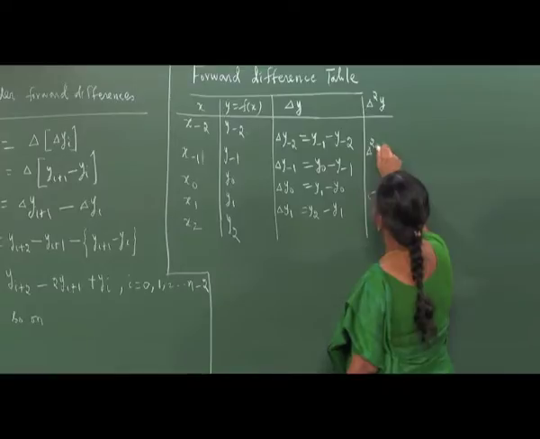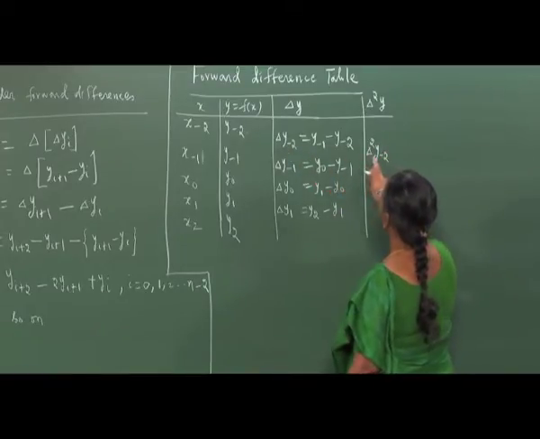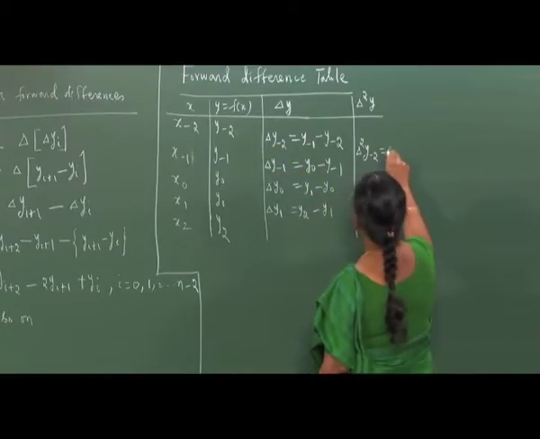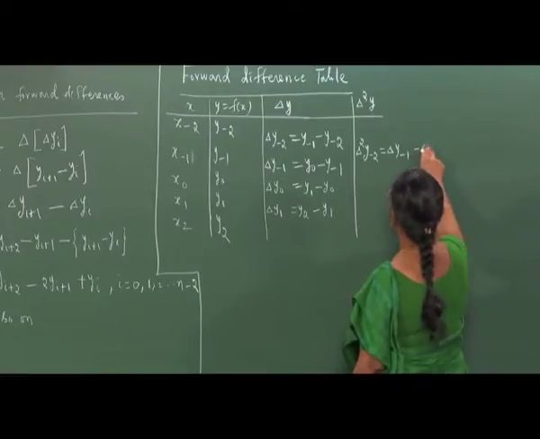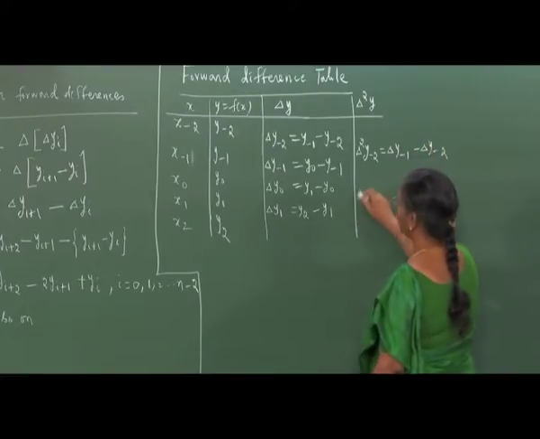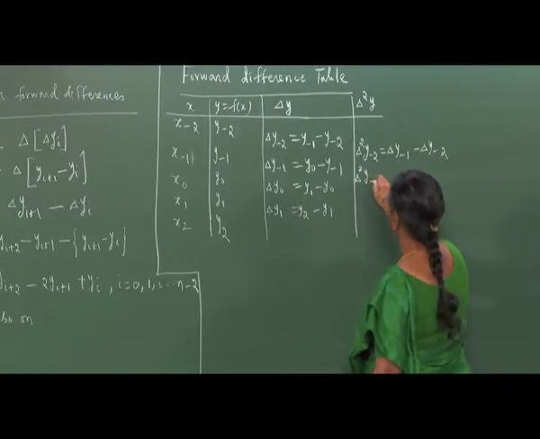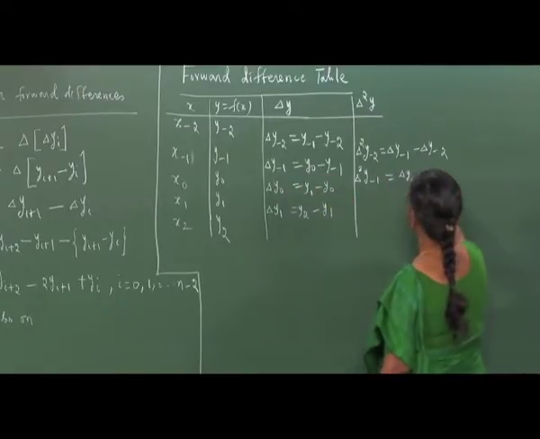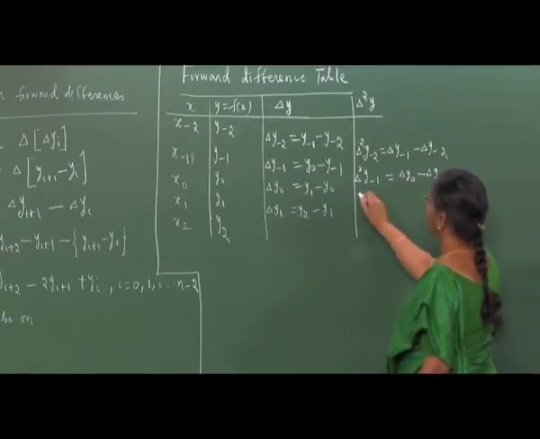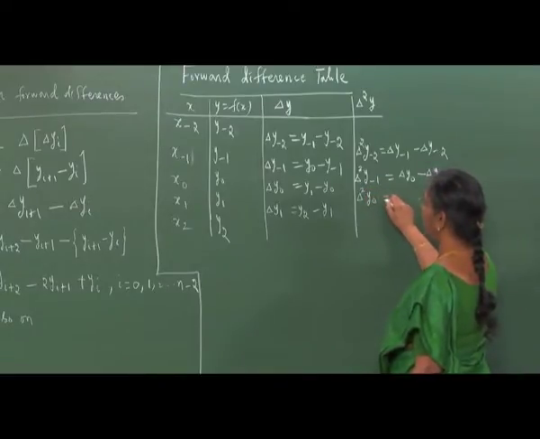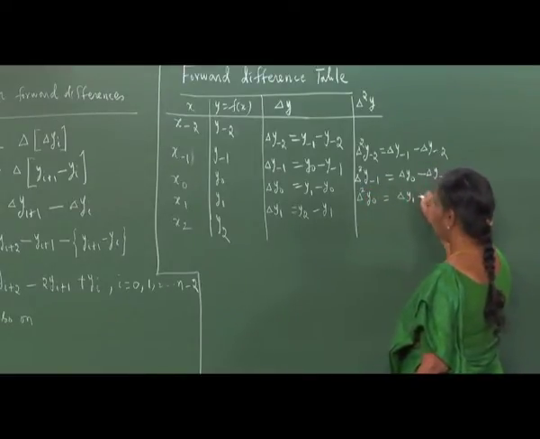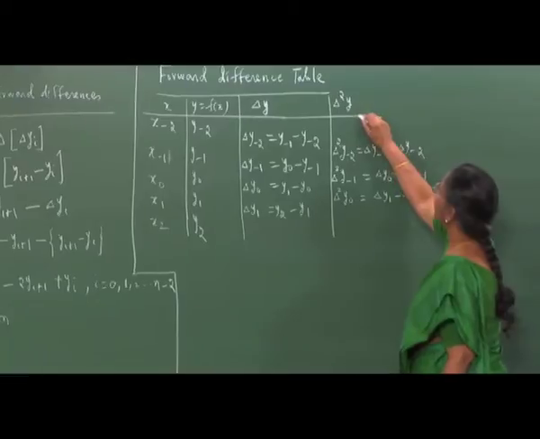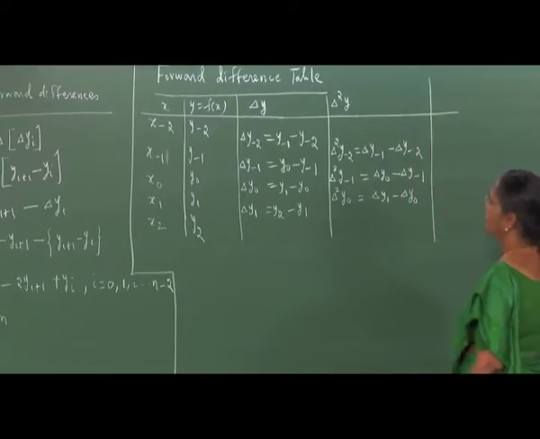They are denoted by del square of y minus 2, and that is equal to delta on y minus 1 minus delta on y minus 2. Then del square on y minus 1 is delta on y naught minus delta on y minus 1. Then del square on y naught will be delta y1 minus delta y naught. So, these are the second order forward differences.